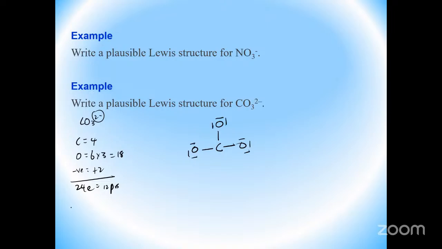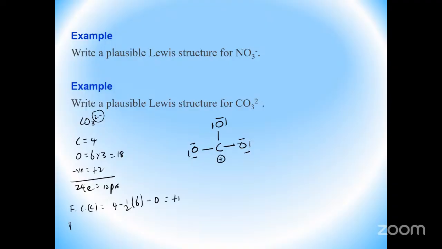So the next step is to calculate the formal charges. Let's do that for the carbon first. How would you calculate the formal charge for the carbon? What's the group number? 4 minus half of 6 minus 0. So that's 4 minus 3, that's plus 1. So there's a plus 1 charge on the carbon.